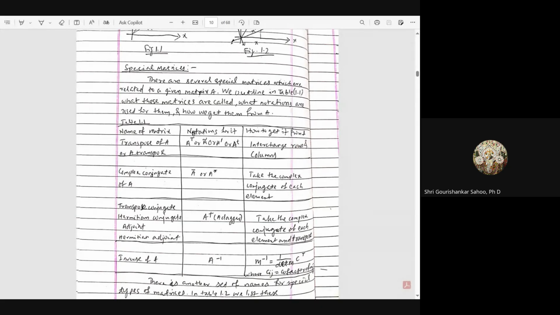And you get it by interchanging rows and columns. So what is the transpose? If you interchange the rows and columns, you will have the transpose of the matrix A.